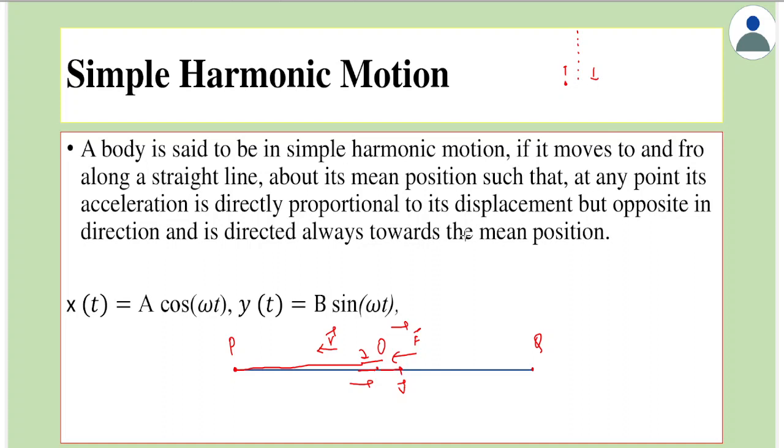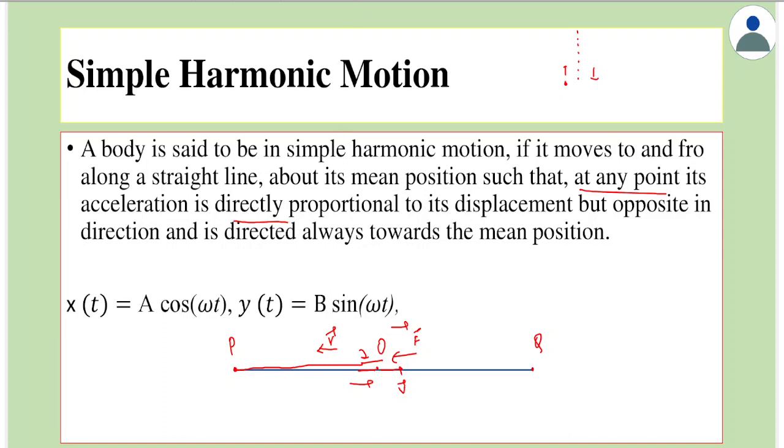That is what is given here, saying that at any point its acceleration is directly proportional to its displacement but opposite in direction, and it is always towards the mean position, which means the force or acceleration is always towards the mean position.